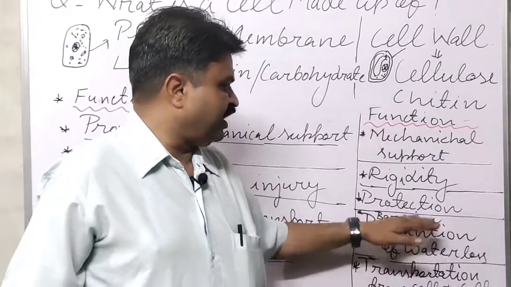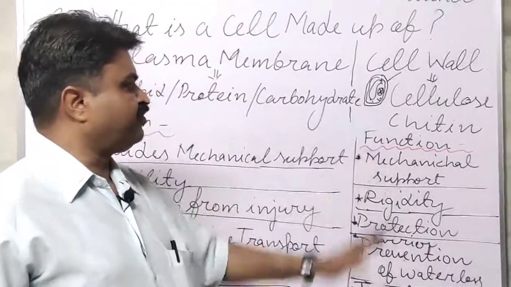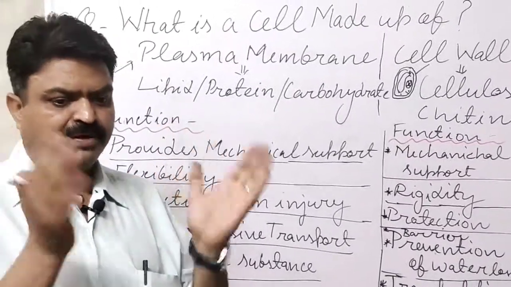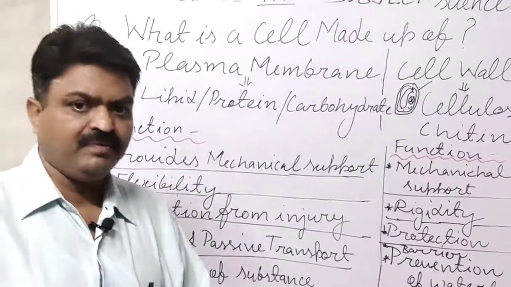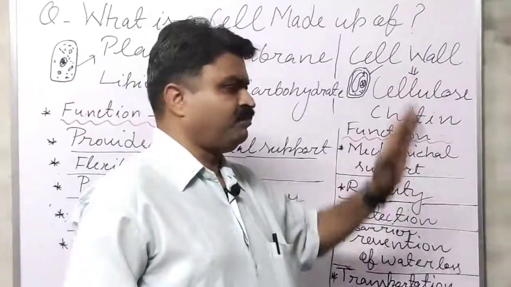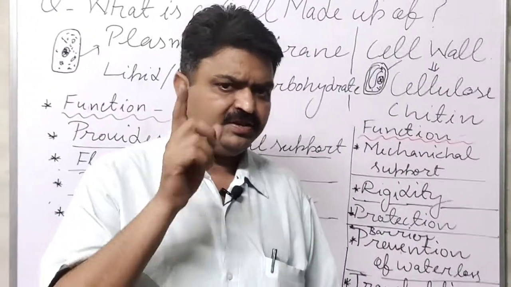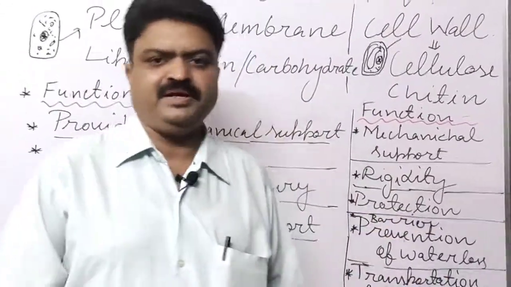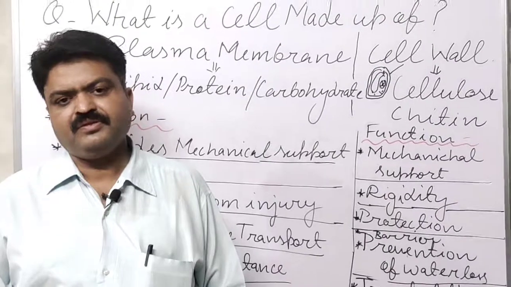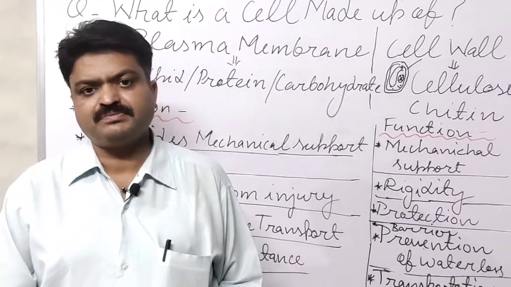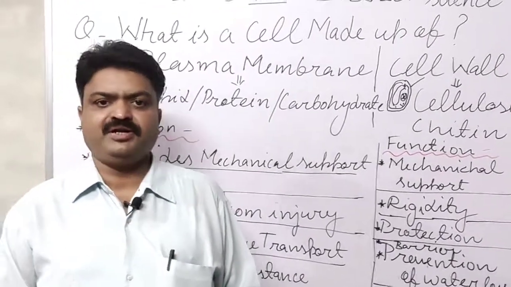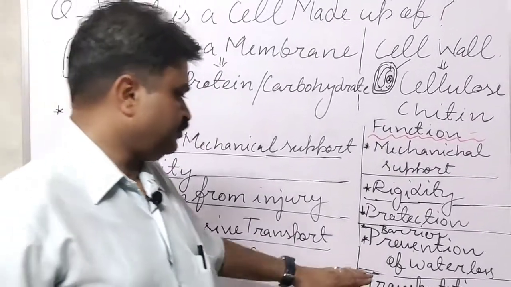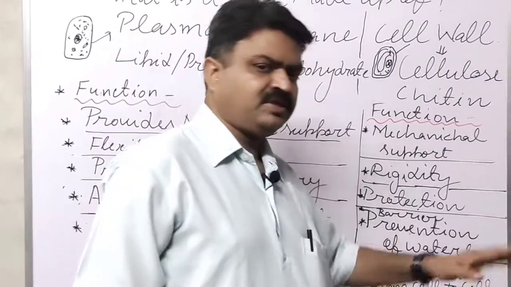With this, it also protects the cell from injury or jerk, student. Means the particular plant cell or fungi cell is protected with the help of the cell wall. With this, it also acts as a barrier, student. Means it prevents transportation from the environment, and it helps in the transportation from cell to cell.